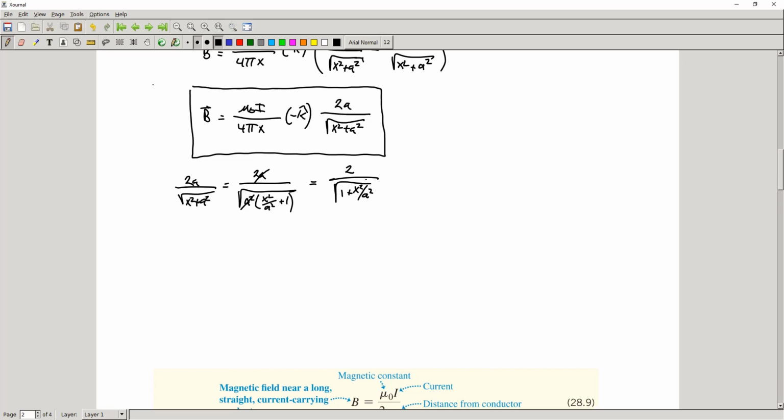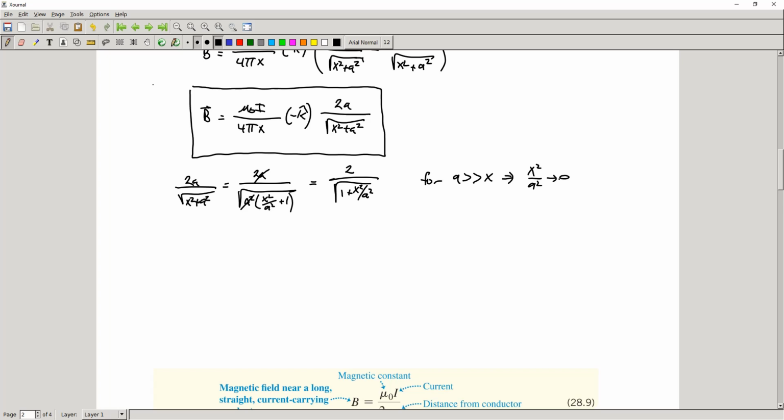But then for a much, much greater than x, maybe I'll write it here, a much greater than x squared implies x squared over a squared goes to 0. If a is huge and x is tiny, a squared in the basement with an x squared on top is basically 0.